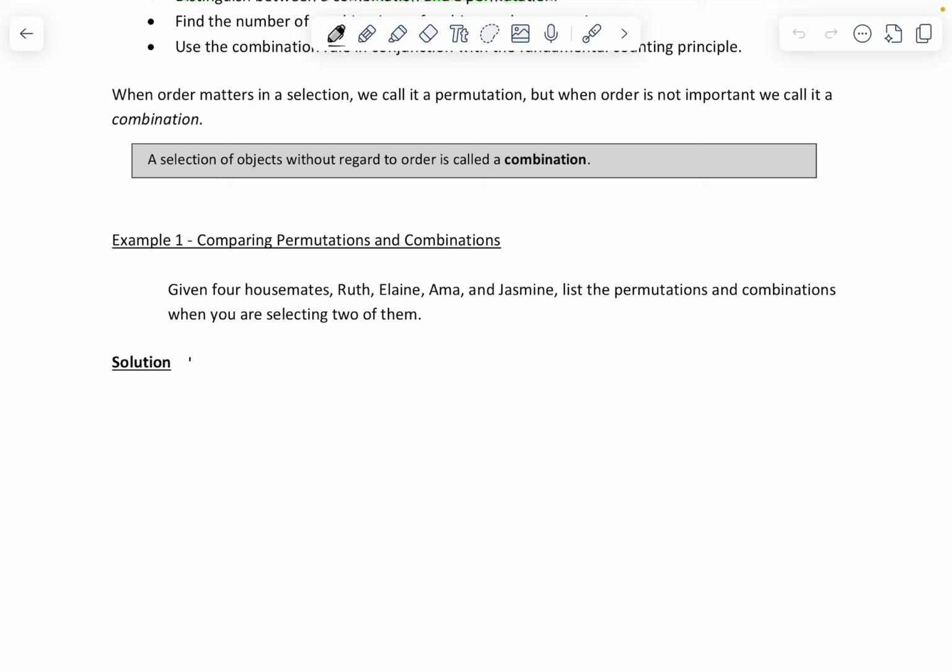So here are my permutations. I could select Ruth first, followed by Elaine. I could select Elaine first, followed by Ruth.